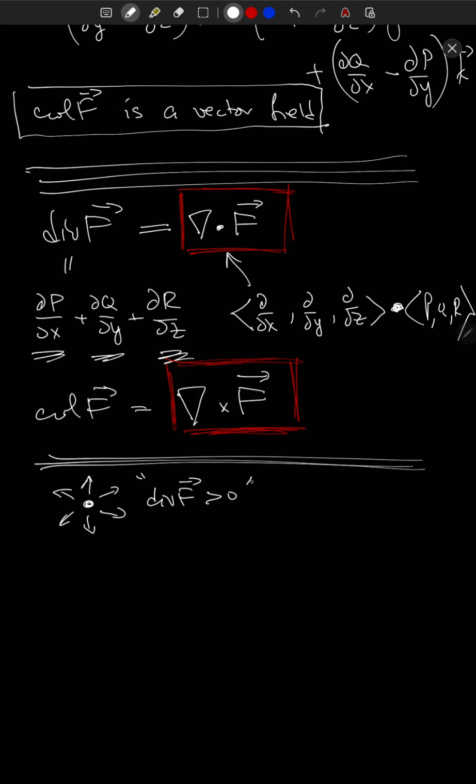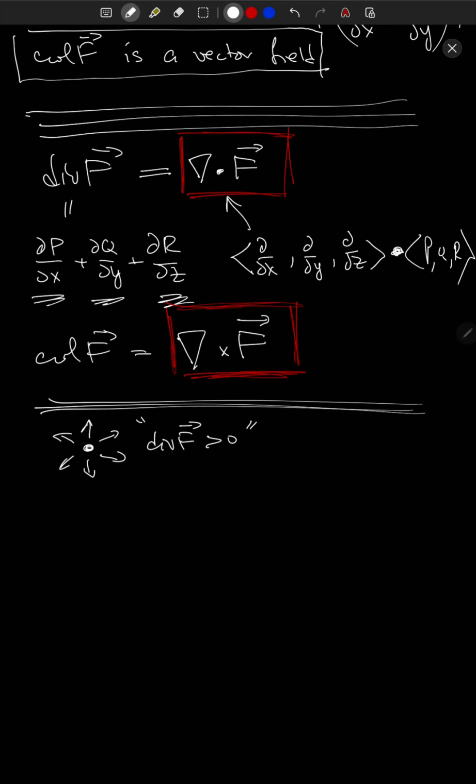And again, this is an infinitesimal idea. It's what's happening at this point. And remember, we called this picture a source because things are coming out of it. And then if it was the other direction, divergence f less than 0, which again, the stereotypical picture would be like that, divergence f would be less than 0.